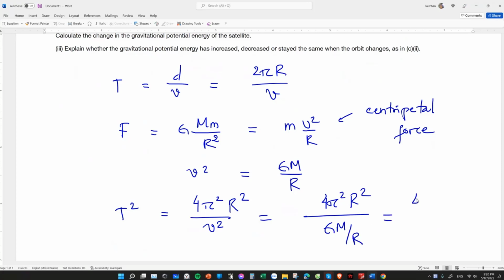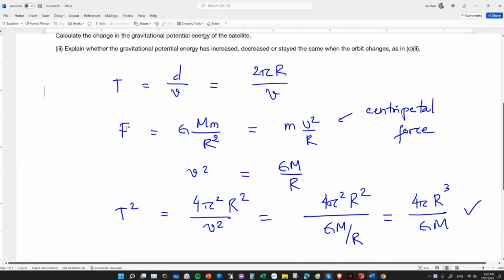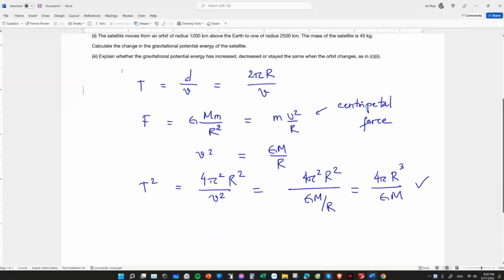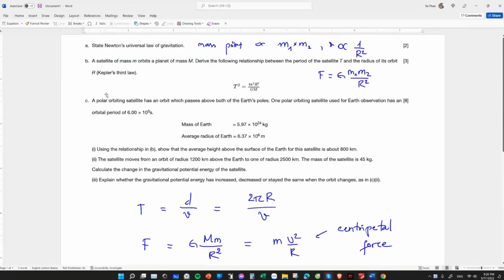Therefore we have 4 pi squared r cubed over G M, done. This equation, the relationship between the square of the period T squared and the cube of the distance r, is called Kepler's third law.